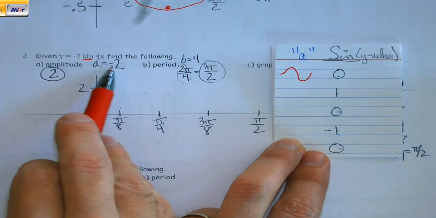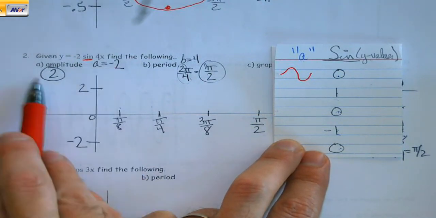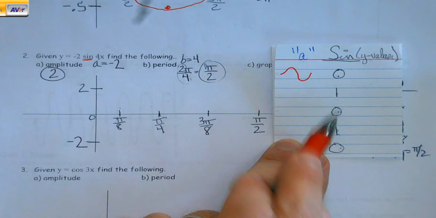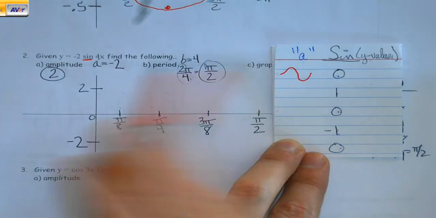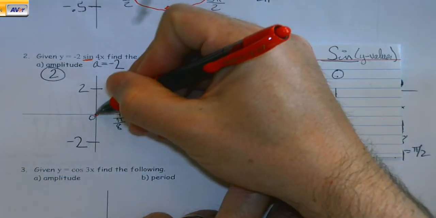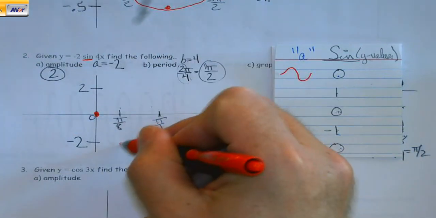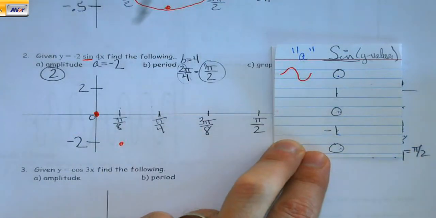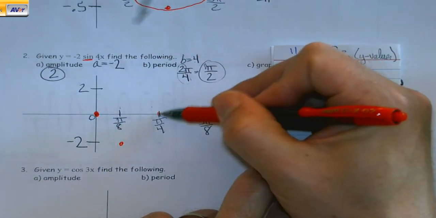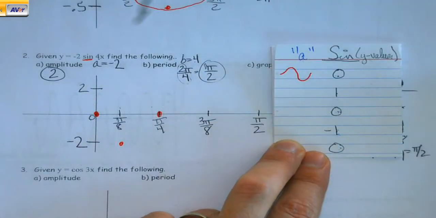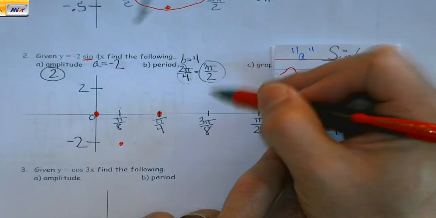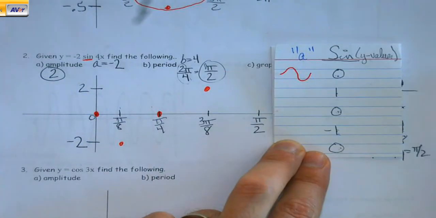So it's the A value, okay, not my amplitude, my A value that I'm multiplying these by. So 0 times negative 2 is 0. 1 times negative 2 is negative 2. 0 times negative 2 is 0. Negative 1 times negative 2 is positive 2.